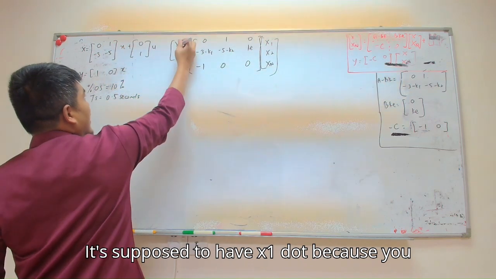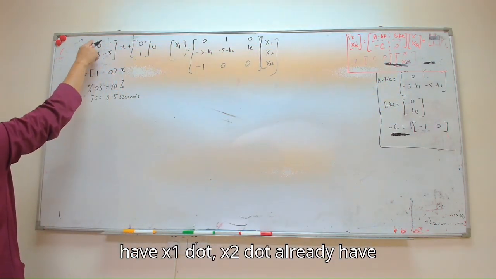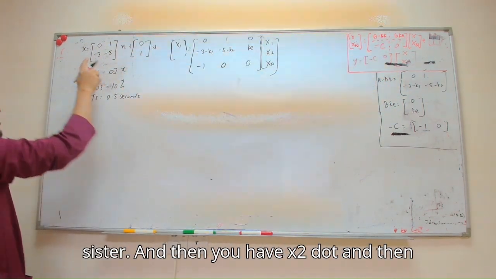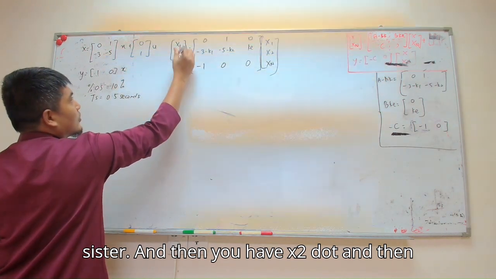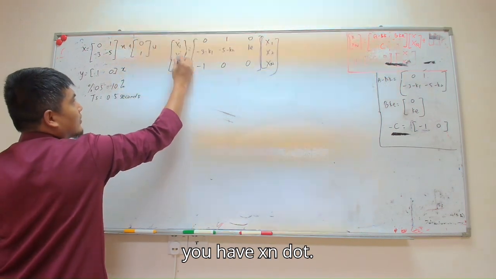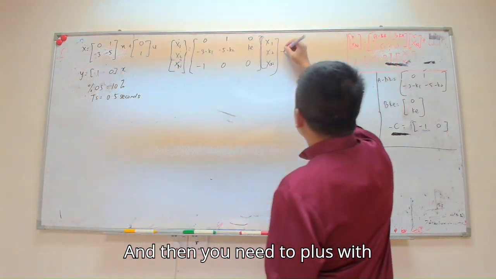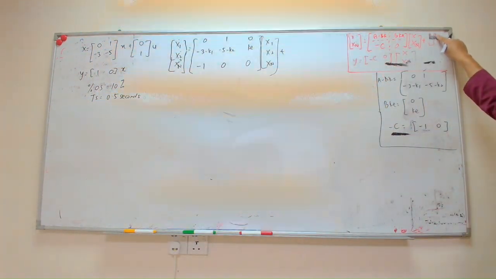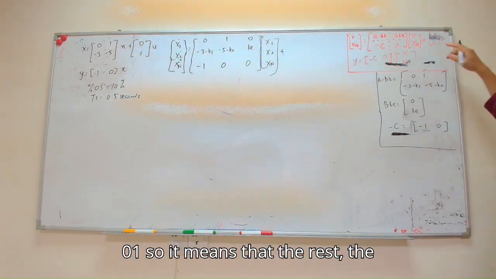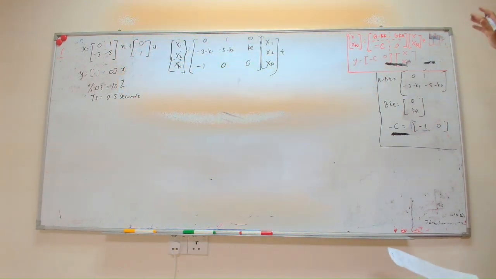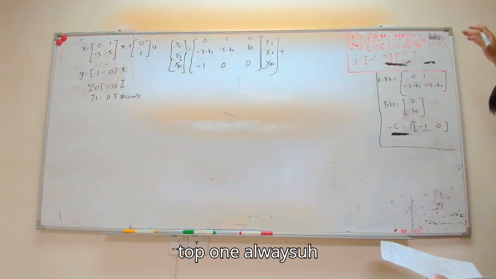It's supposed to have x1 dot and x2 dot for the original system, and then you have x_n dot. And then you need to add [0; 1]. It means that the top one is always 0.